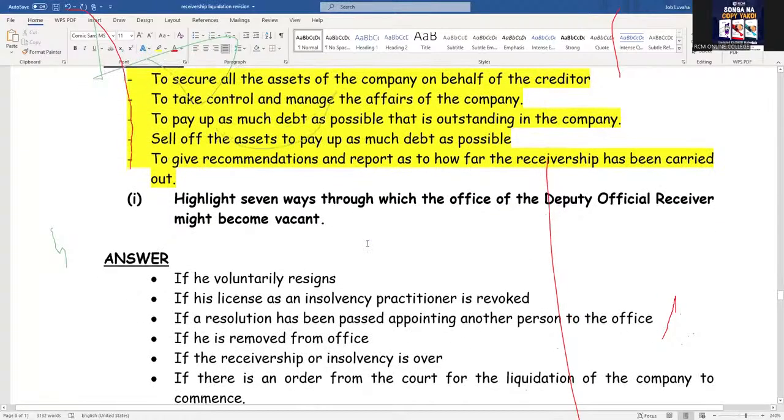He can resign if his license as an insolvency practitioner is revoked or cancelled, if a resolution has been passed appointing another person to his office, or if he's removed from office, maybe by the appointing authorities, like the creditors. If the receivership or insolvency is over or has come to an end, or if there's an order from the court for the liquidation of the company to commence, his duties will automatically be terminated.